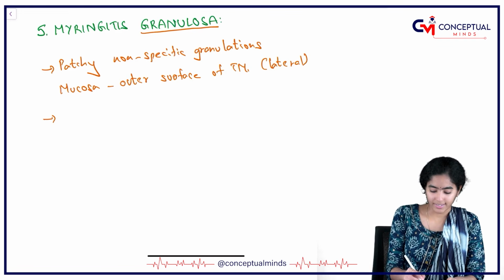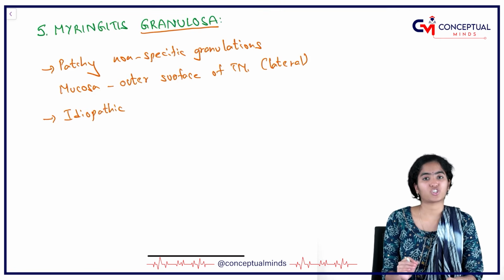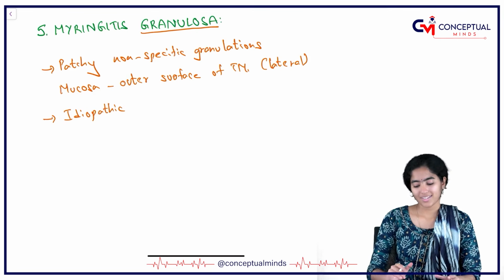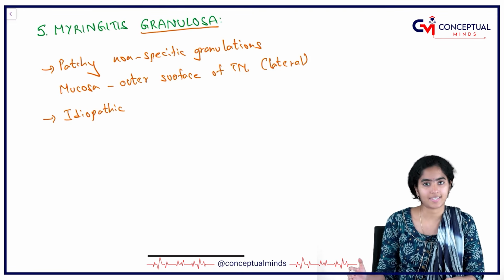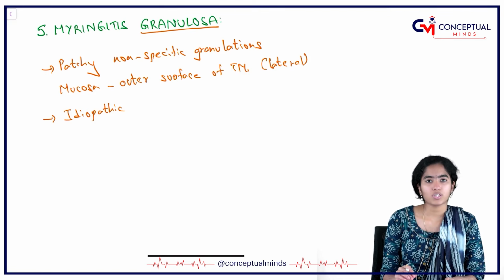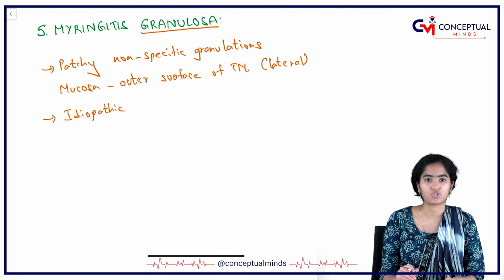Now this is an idiopathic condition. As the name suggests, Myringitis, it is inflammatory. Now what happens with these granulation tissues and mucosa is, in advanced cases, there will be thickening of tympanic membrane and also some transudate keeps coming out of the granulation tissue.